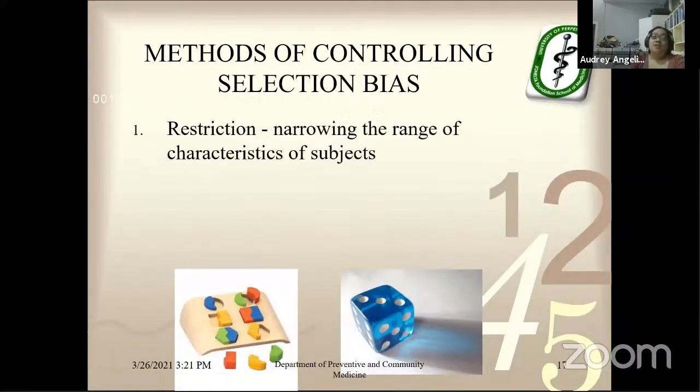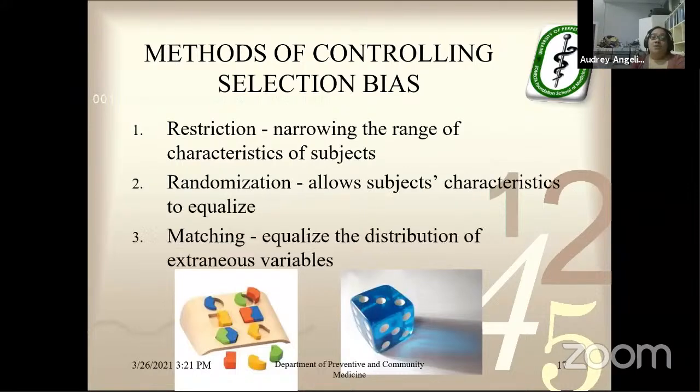How do you control selection bias? So we restrict, we narrow the range of characteristics of subjects. So this would be the inclusion and exclusion criteria. We randomize. You have seen your sampling method so that we equalize the probability of a respondent to be able to be part of the study, and matching.